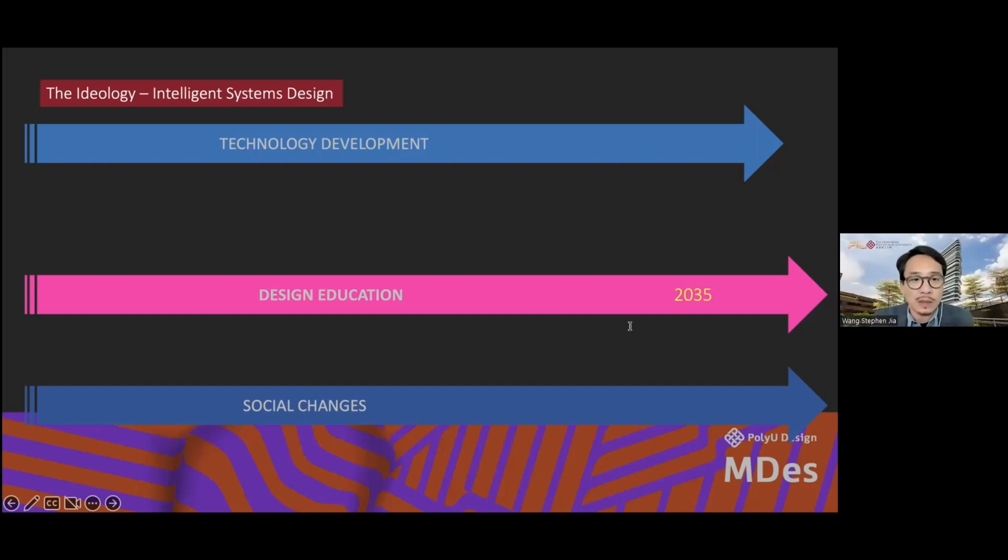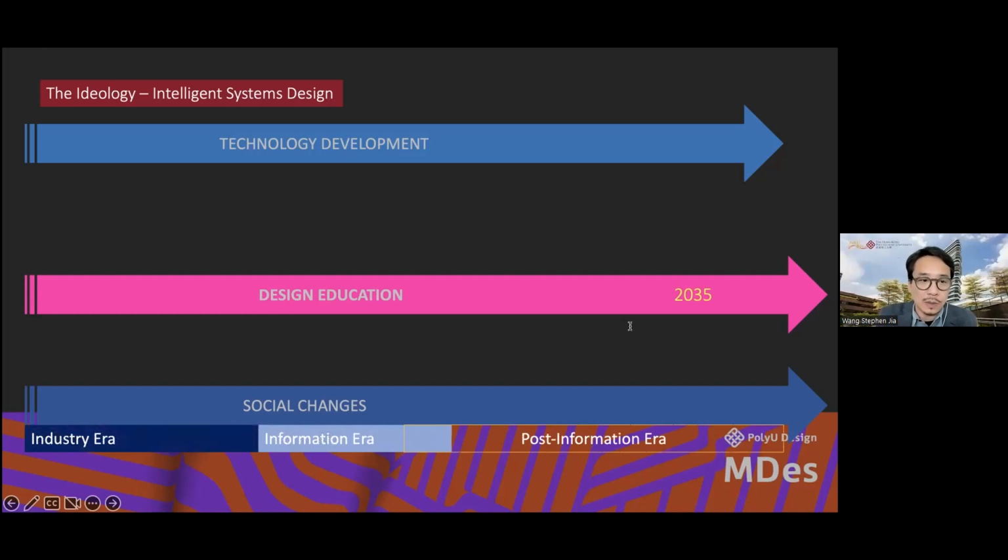And then based on this technological revolution, we talk about design education, and then we can see the context. When we talk about time, we divide it into the industry era, now probably the post-information era, and in the middle, the information era. So the technology development is from the physical to the material.